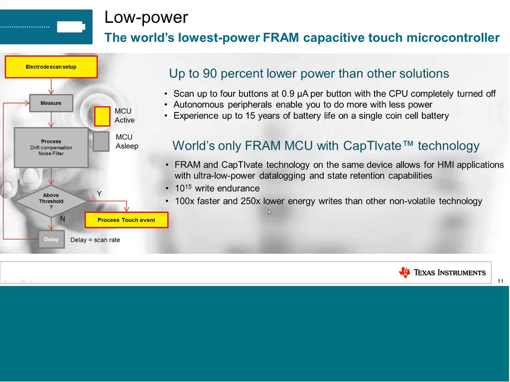So many times you're not able to say how much SRAM you need versus how much non-volatile memory you need. Well, you don't have to make that decision with FRAM because you can use FRAM like both SRAM as well as flash. In the context of CapTIvate technology, what FRAM allows you to do is some data logging or maybe even state retention.